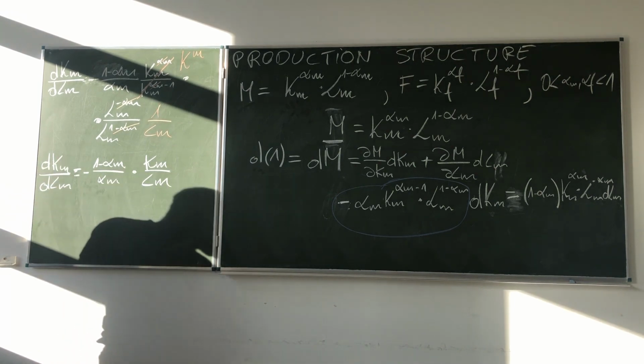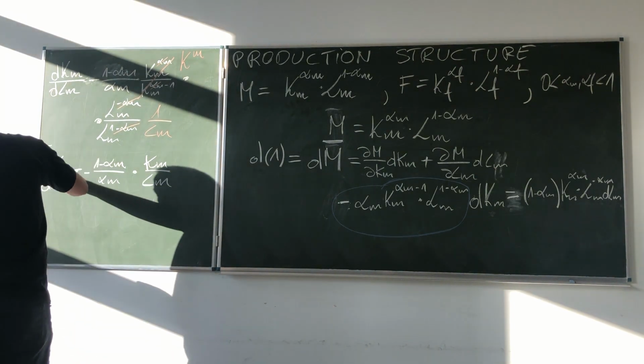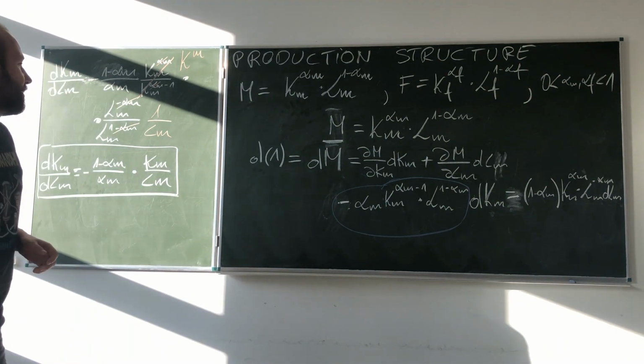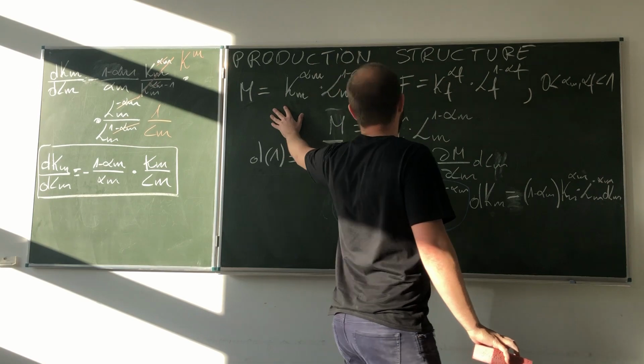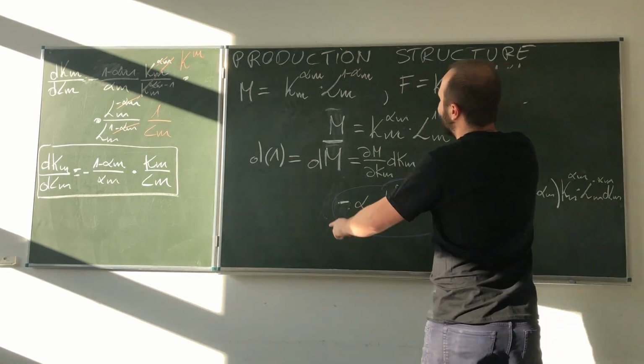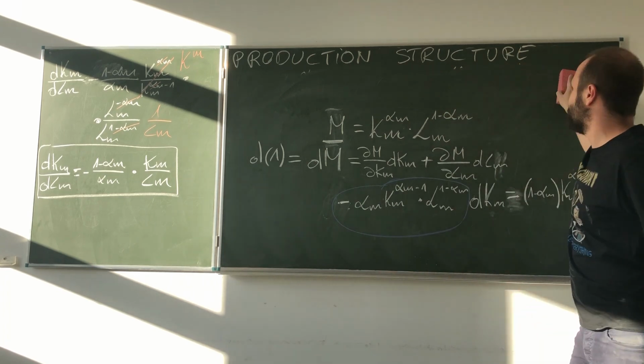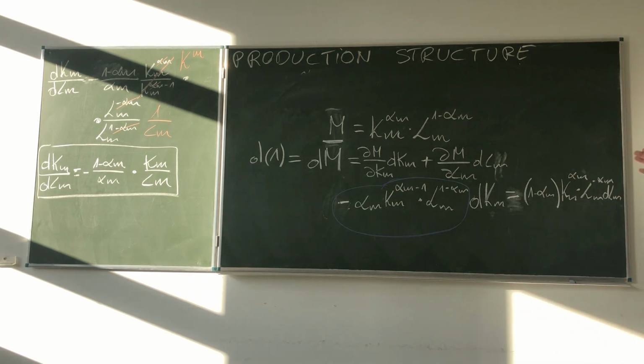Okay, what we've calculated here is a very special derivative. Look, what have we assumed? We've assumed that manufacturers are produced using a Cobb-Douglas production function.